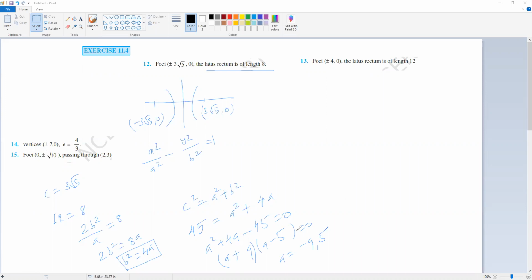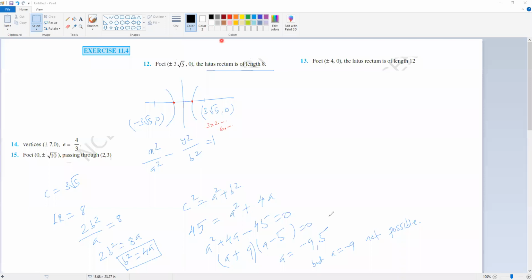Okay. Correct, but a is equal to -9 is not possible, right? Because you can see the vertex should come before 4c. So 3√5 means √5 is something like 2 point something, so 3 into 2 point something, so you will get 6 point something, isn't it? Yes, sir. So the value of a, whether it is -9 or 9, -9 is negative, and that is not possible. Even though 9 is positive, it is not possible because the vertex should come before 4c. So it should be less than 6.